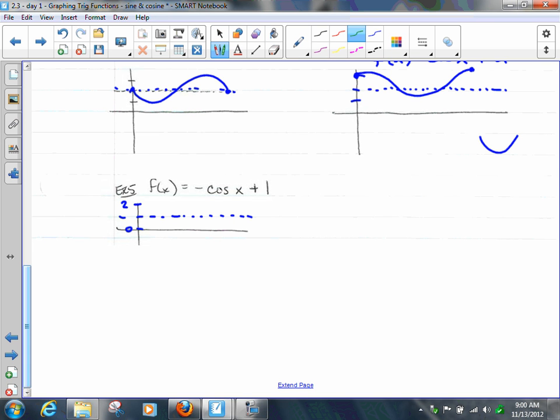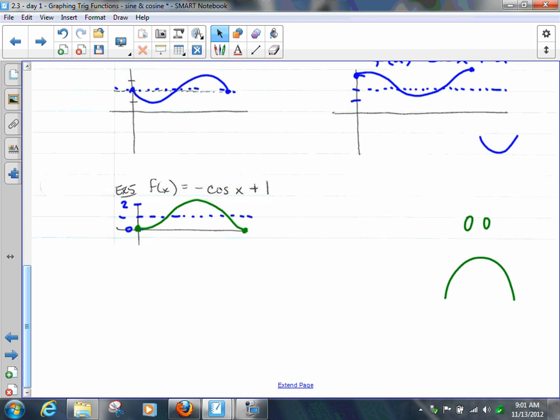An uncup. It's going to start at 0, and it's going to go up and then back down. Okay? Please make sure it does not look like that. That is not the curve. Okay? That's a frown. That's a frown. Don't do that. Okay?